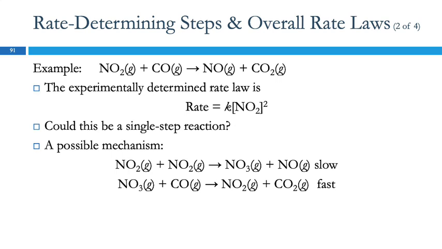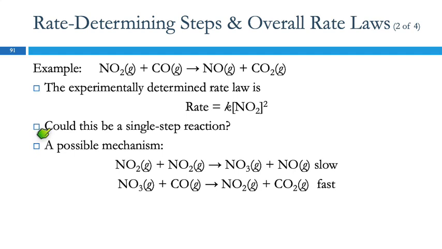So here is an example, NO2 plus CO. The experimentally determined rate law is rate equals rate constant times NO2 squared. If we look at this rate law and we look at that chemical equation, we say, well, how do you get that from the equation? You don't. You get it from experimentation.